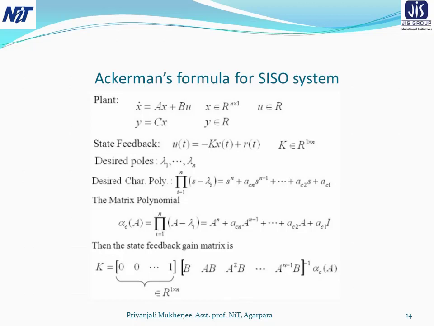If we put this equation, then the state feedback gain matrix becomes K equal to 0, 0, 0, up to 1, times the inverse of B, AB, A squared B, up to A to the power n minus 1 B, into alpha c of A. So using Ackermann's formula also, we can find the state feedback gain matrix.